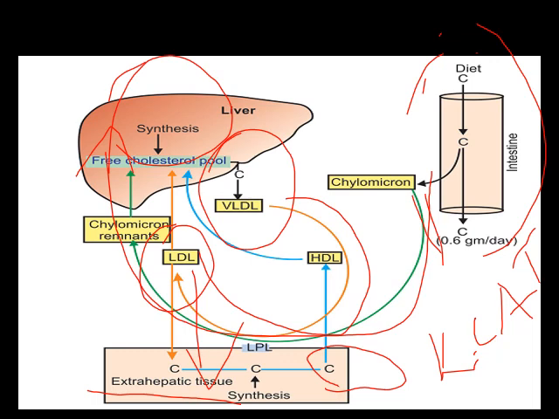These HDL cholesterol esters are ultimately returned back to the liver, where they can be metabolized or degraded or excreted in the form of bile salts or bile acids. Okay, this is the figure which explains the transport of cholesterol.